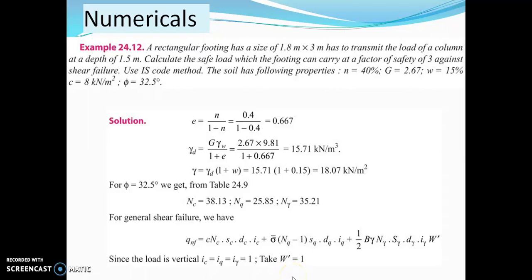If that is the case, then out of these three conditions of 5.1.2.4, A, B, C, if the water table is likely to permanently remain at or below a depth of Df plus B, it's much deeper, then you take W dash is equal to 1. So that is what we have assumed. Further on, we continue with this problem.